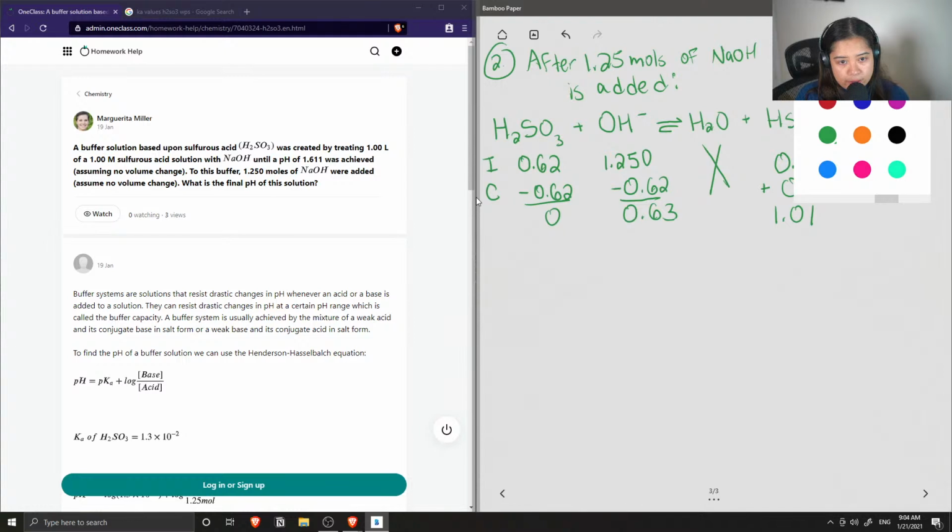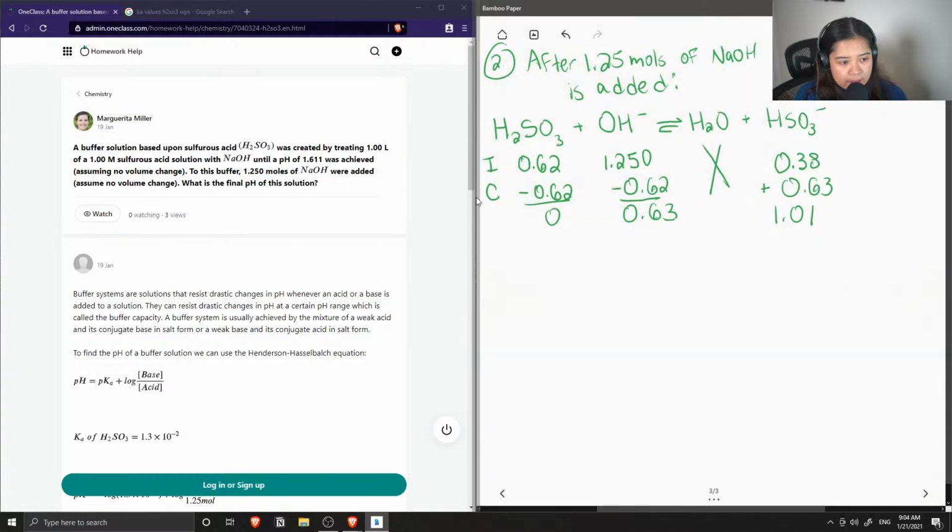Okay. So after this takes place, since again this is a polyprotic acid, we're going to have this conjugate base react with any of the excess OH minus from the previous step.